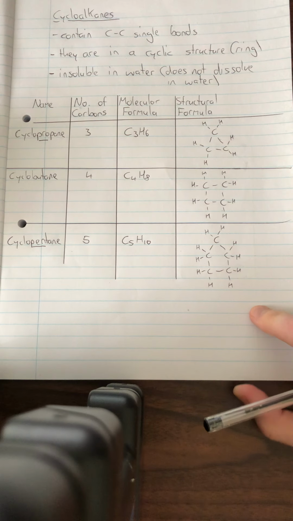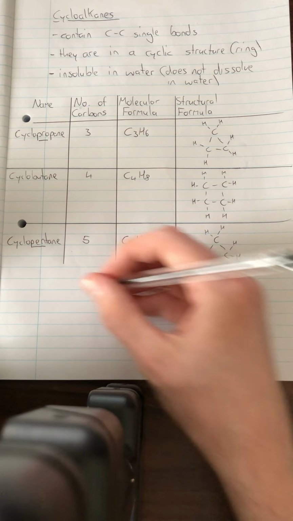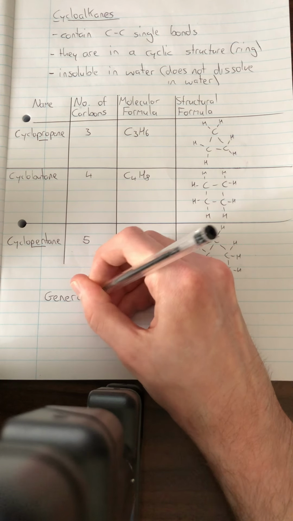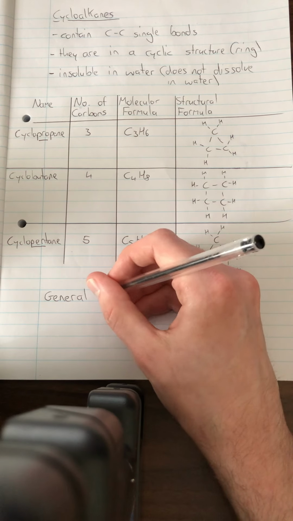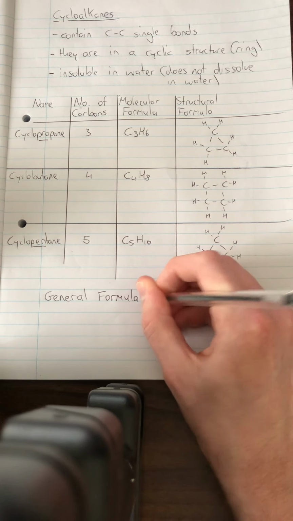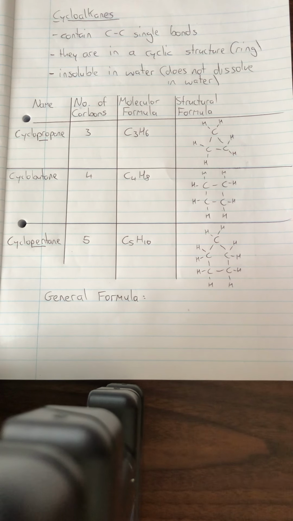Now, what we need to do is write the general formula. And again, it's a wee bit different from the alkanes. Alkanes are CnH2n+2.